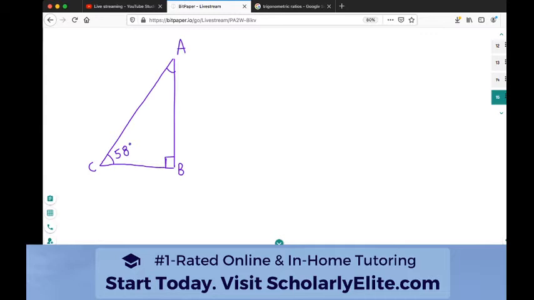Okay. Now, again, it's really important that we determine which side length is which in terms of the name of the side length based on the specific angle that we're talking about. But we're always going to have the hypotenuse stay the same, regardless of if I'm talking about this angle or this angle.